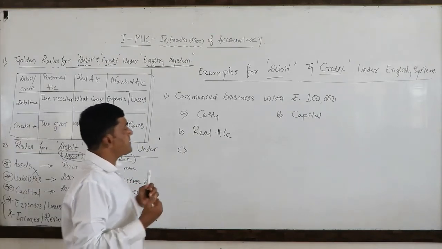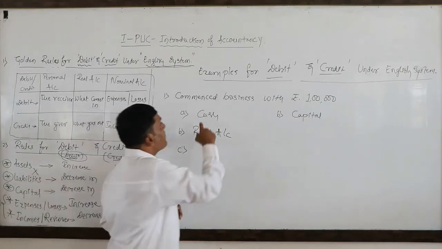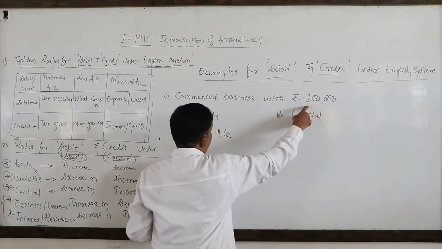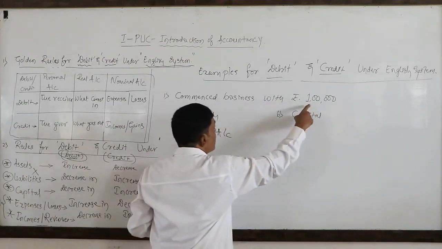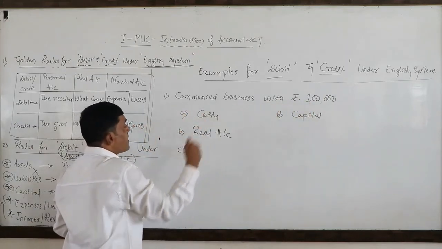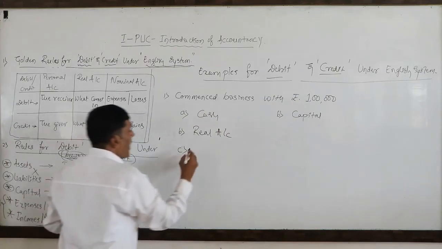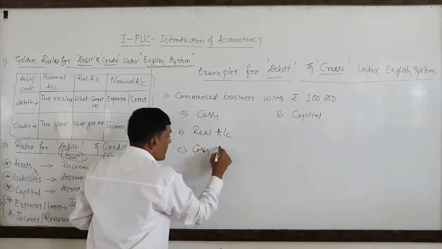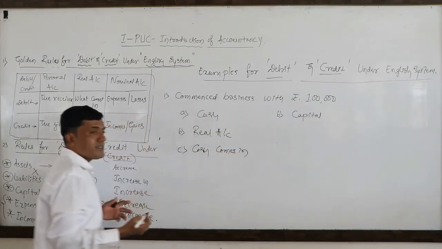Whether the cash has come in or has gone out. By investing rupees 1 lakh into the business, the owner has started the business. It does mean that rupees 1 lakh has come into the business. Means it comes in. Debit what comes in. So here cash comes in for starting the business.